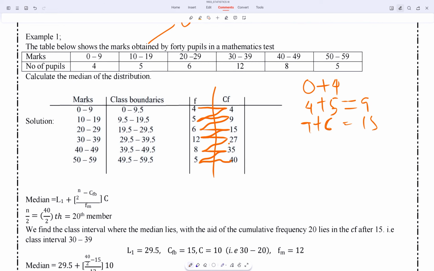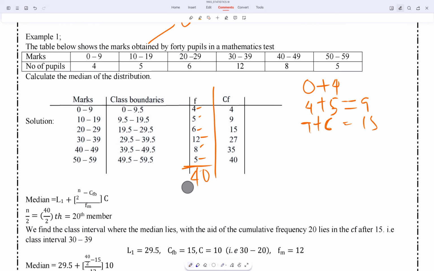Now there is one sweet thing about this cumulative frequency and the frequency. Now look at our total frequency. Let's add our total frequency together: 4 plus 5, 9, plus 6, 15, plus 12, 27, plus 8, 35, plus 5, 40.